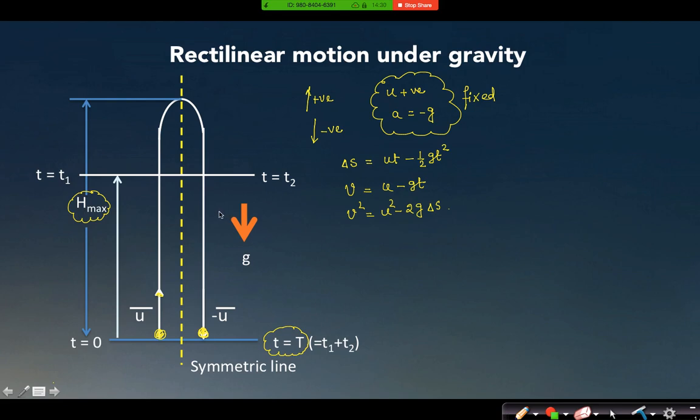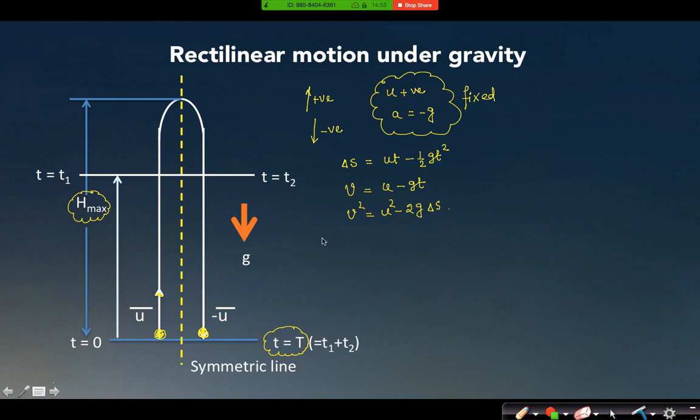If some vector is constant, it is constant not only in its magnitude but also in its direction. So once you have taken acceleration to be minus g and it is constant, you have to keep this minus g constant throughout your calculation, right?